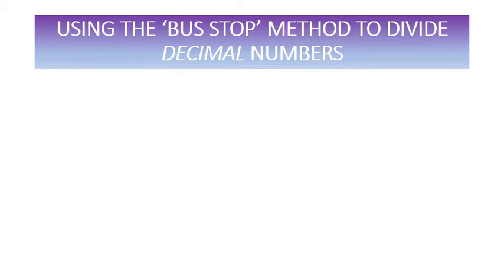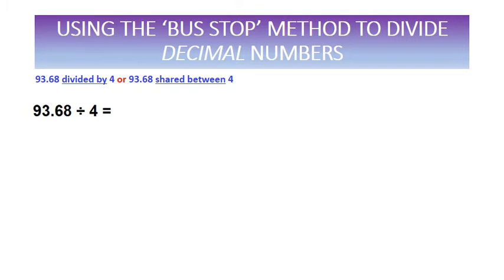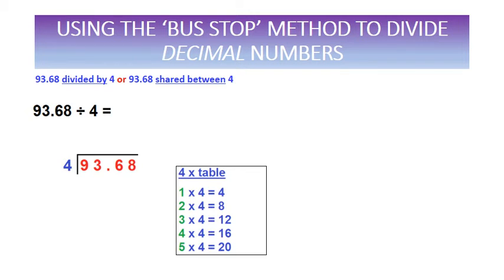So far we've looked at how to use the bus stop method with whole numbers. Now we're going to look at how to use it with decimal numbers. Here's our first example, different ways of reading it, and this is how we set it out. The dividend goes inside, the divisor there, so we're looking at the 4 times table this time.